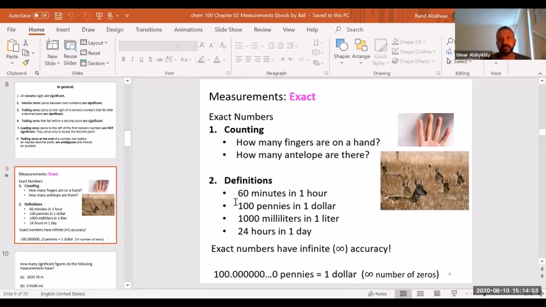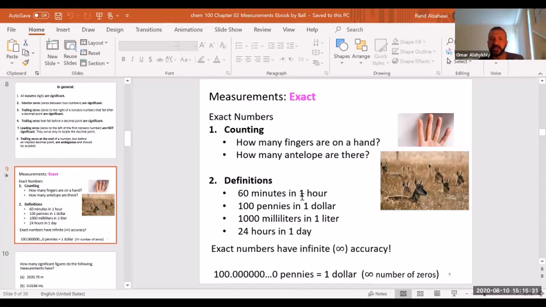When we have an exact number, like the numbers that exist in a conversion factor, they have infinite significant figures. For example, here I have 60 minutes in 1 hour. That means it is 60.0000000 and so on, infinite zeros. Okay, that means it has infinite significant figures.